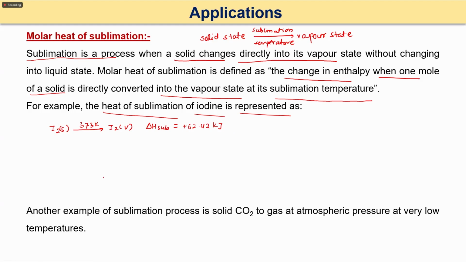Another example of sublimation is solid CO2 going to gas at atmospheric pressure at very low temperatures. So another example of this sublimation process is when your CO2 in solid state gets converted into CO2 in gaseous state.